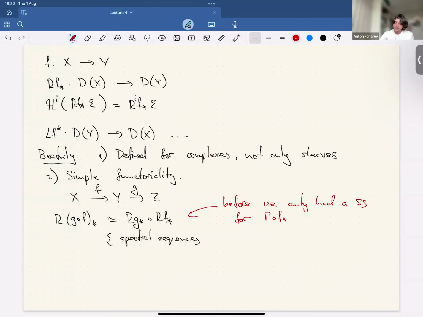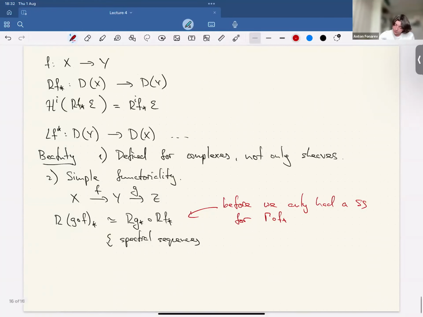So now, in very short terms, you can have arbitrarily many maps involved. So you get various spectral sequences.